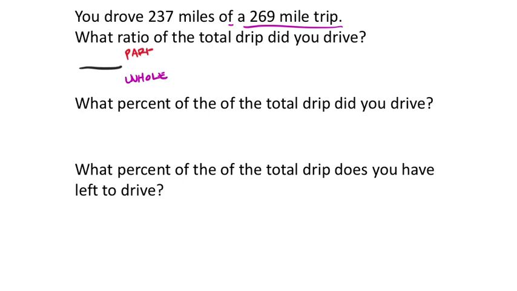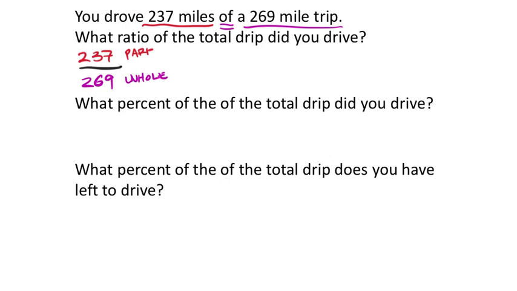They did use the word of here as well, but you may not have noticed that, and that's okay, because in this context, we can tell what the whole trip was. It's 269 miles. Okay, what is part of the trip? Well, the part of the trip that we've driven is the 237 miles. So we'll put that in there, 237 miles to 269-mile ratio.